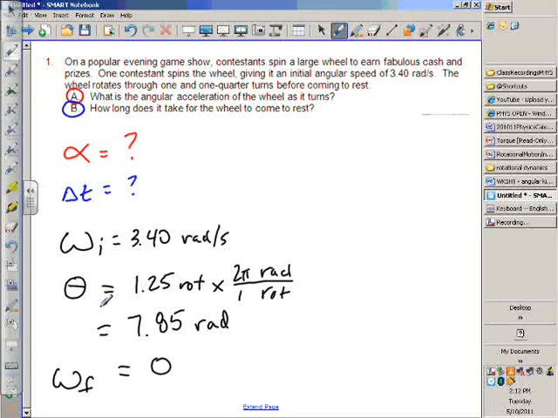Now, doing these 2 problems, part A and part B, is just like doing linear kinematic equations, right? Each of our rotational kinematic equations has 4 variables in it. You need to pick the one that has the 3 variables that you know and 1 variable that you're solving for. All right? So why don't we go ahead and do that?